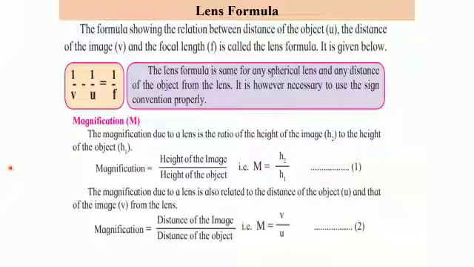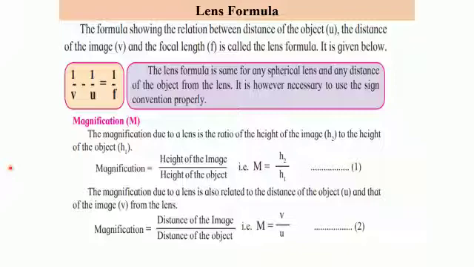Now we can have three possibilities. We have seen in the ray diagrams that the image can be larger than the object, that is magnified. It can be smaller than the object, that is diminished. And it can even be of the same size as the object. So magnification can be greater than 1, and in that case the image is magnified.